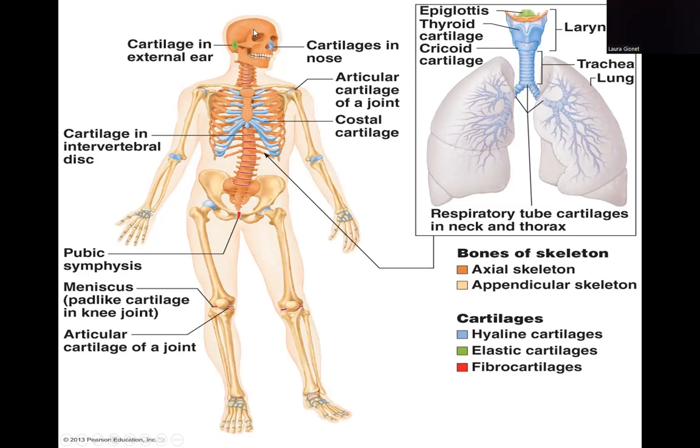So those bones in the darker tan are all part of the axial skeleton. The appendicular skeleton is the rest of the bones of the arms and the legs, and the bones that attach those arms and legs, like a clavicle and a scapula, to the axial skeleton. So if you know what's in the axial, then you know essentially everything else falls in the appendicular.